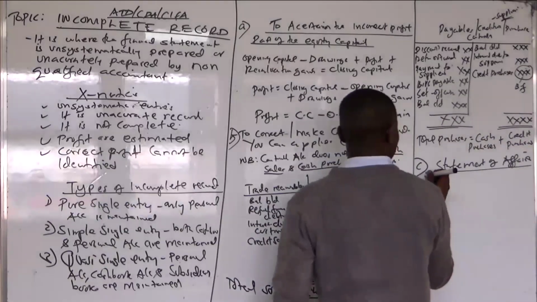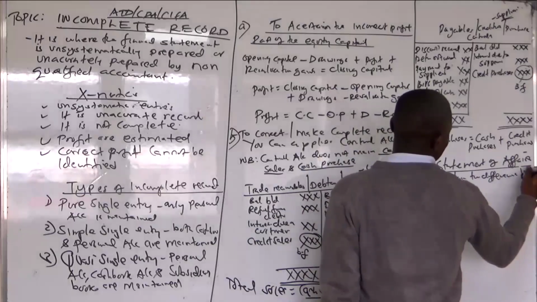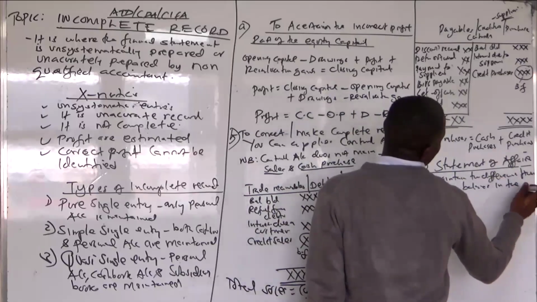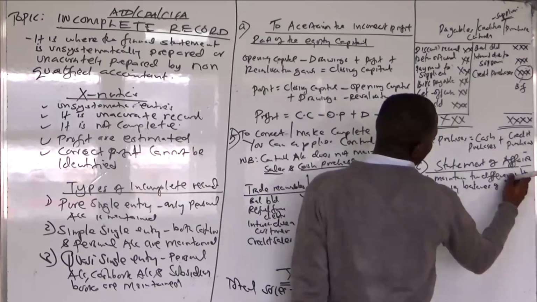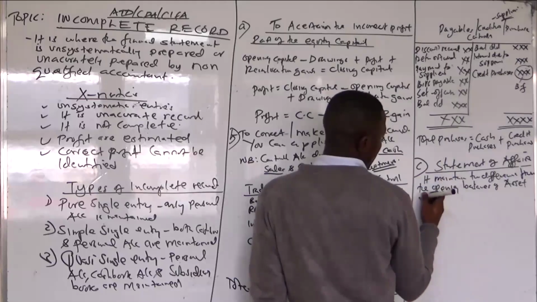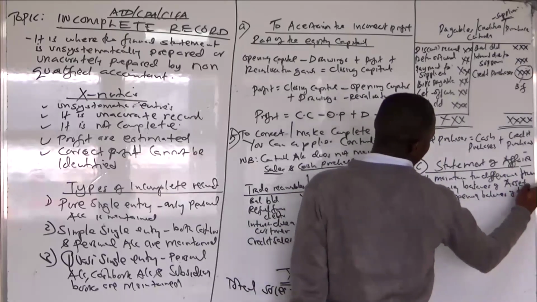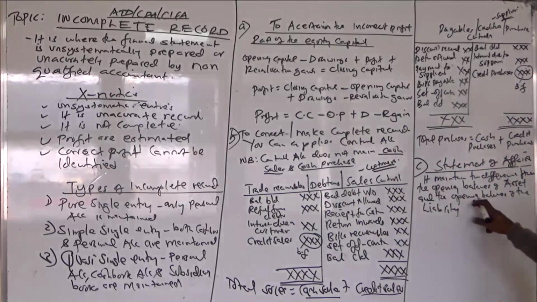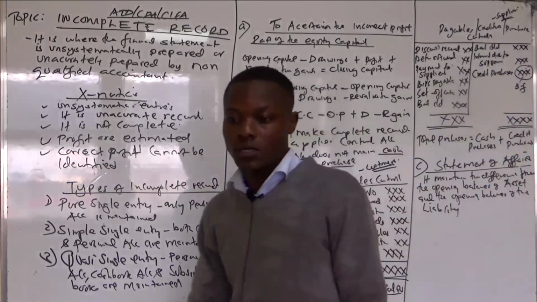Statement of affairs maintains the difference between the opening balances of assets and the opening balances of liabilities. This is what we did for non-profit making, right?